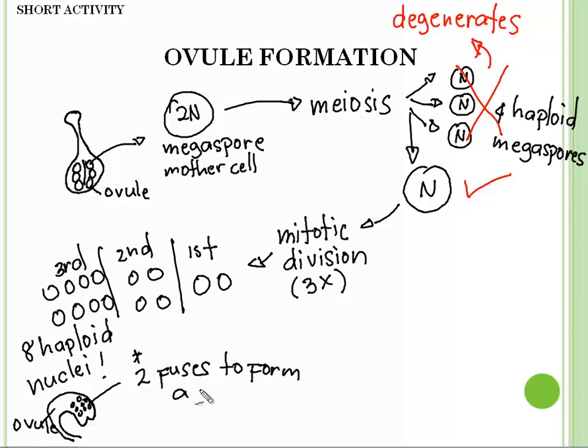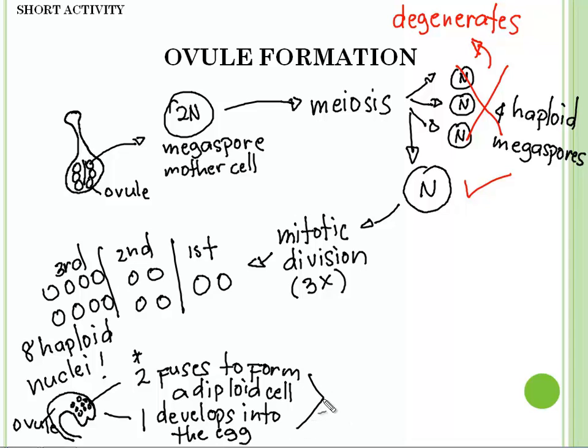So 2 of the 8 will fuse to form the diploid cell, whereas 1 of these 8 haploid nuclei will develop into the egg cell. So if 2 of these fuse, you eventually get 7 cells inside the ovule.